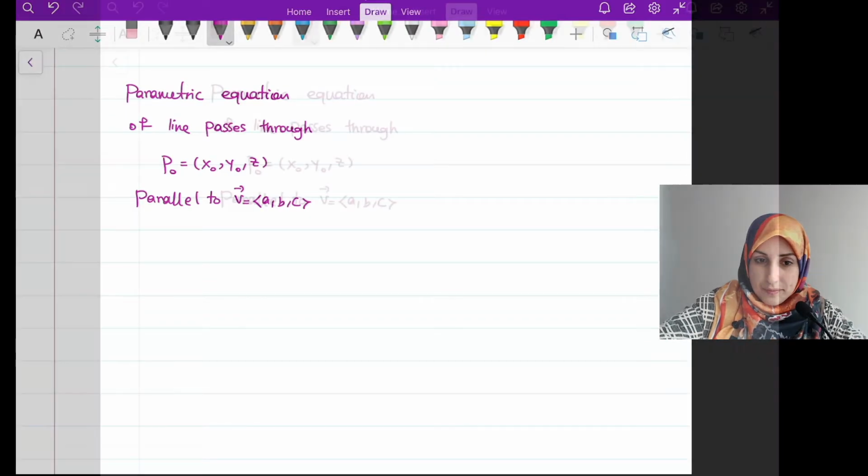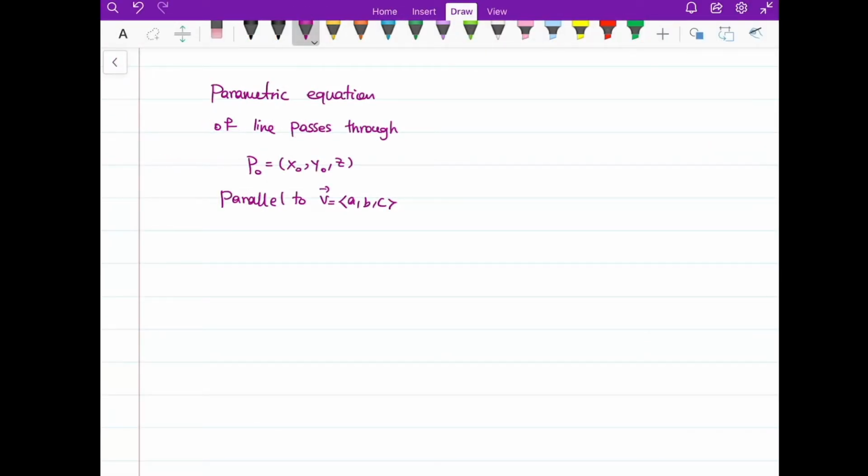It is this: x is x naught plus ta, y is y naught plus tb, and z is z naught plus tc.